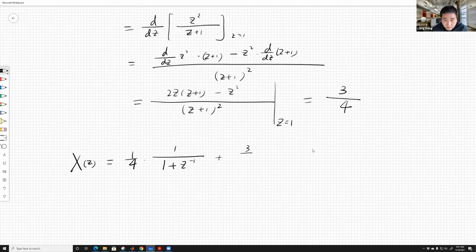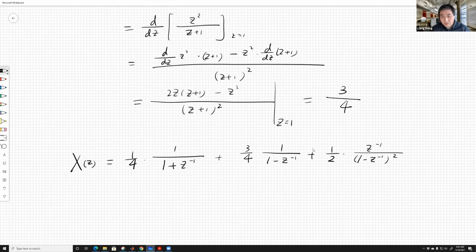A2 is 3 over 4, times 1 over 1 subtract z to the power -1, plus A3 is half. We calculated before. So here, the A3 term is z to the power -1 over (1 subtract z to the power -1) squared.